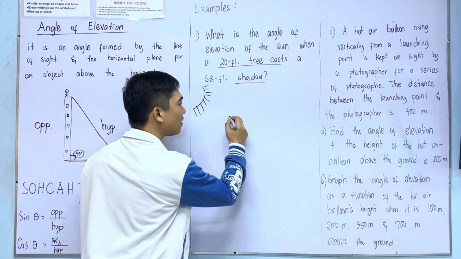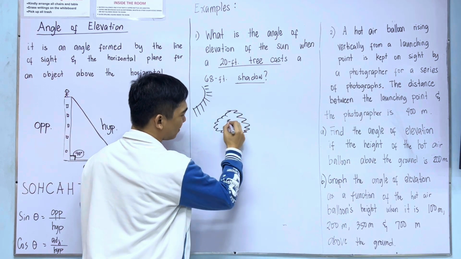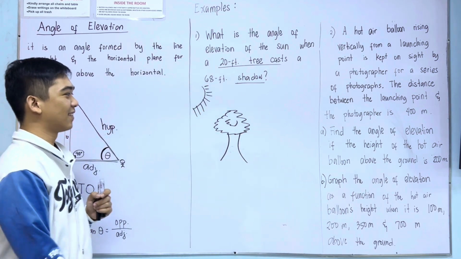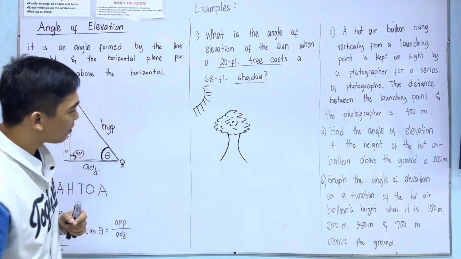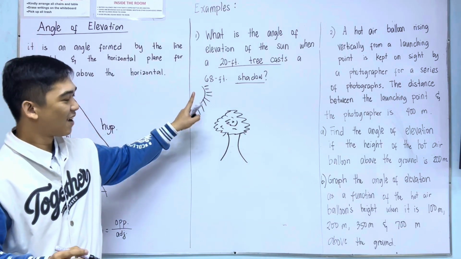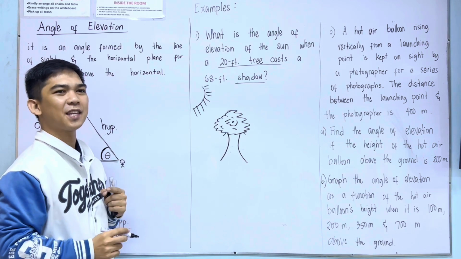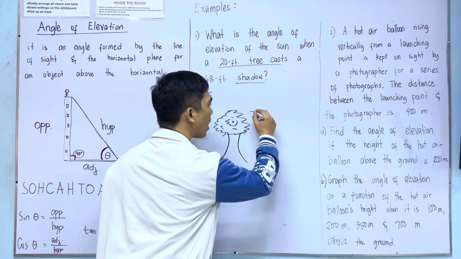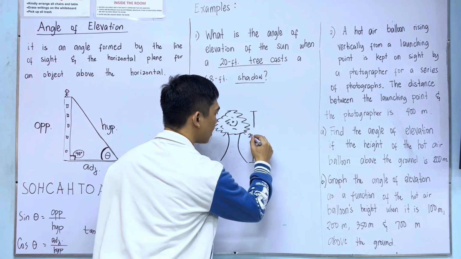Tapos, meron daw tayong tree. Puno yan. Basta puno yan. Okay, ang height ng puno, ano yung height ng puno? 20 feet. Ang height daw itong puno na to ay 20 feet.